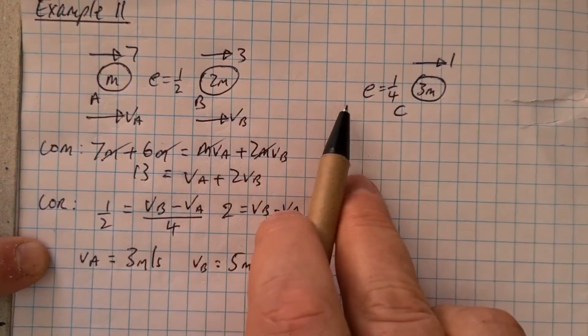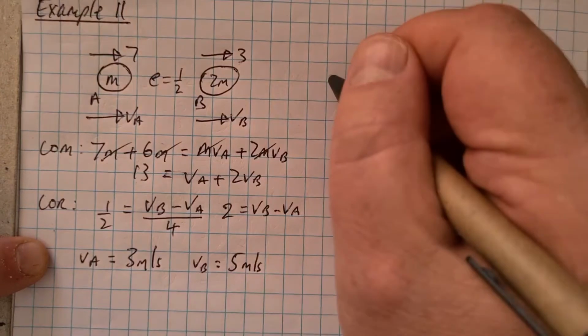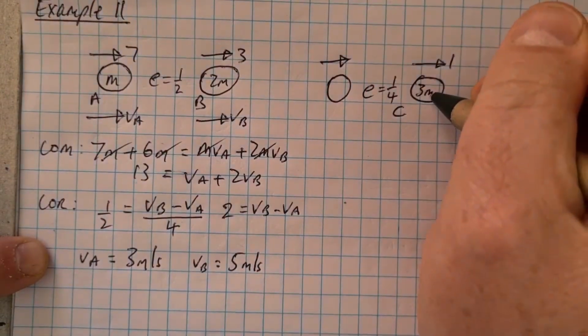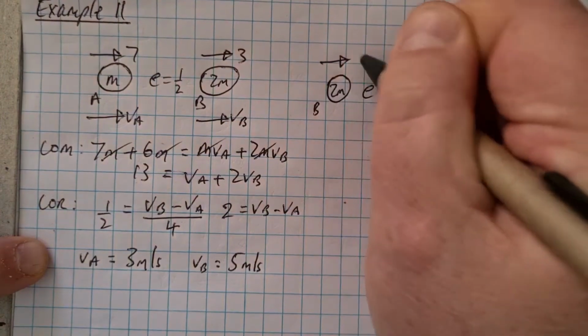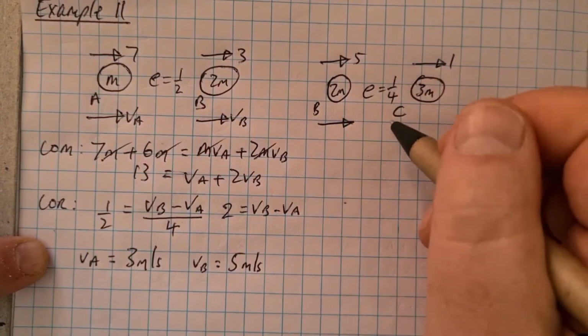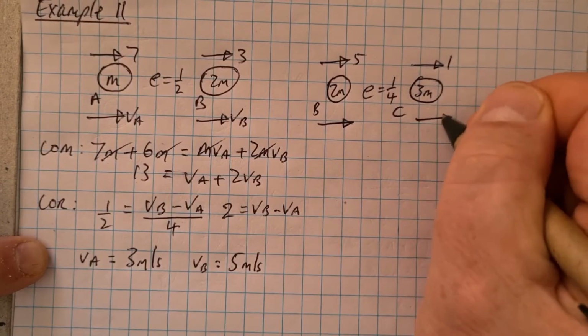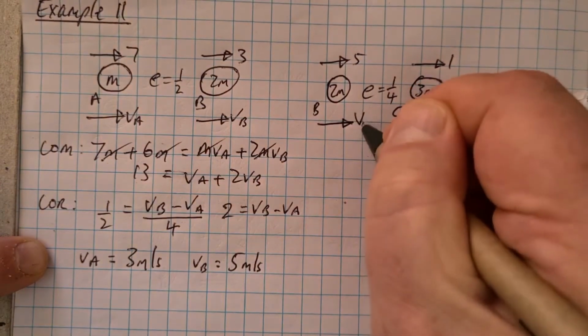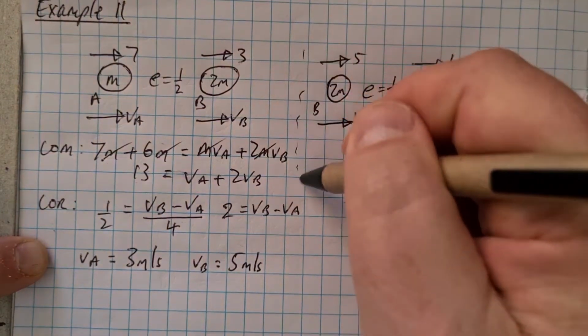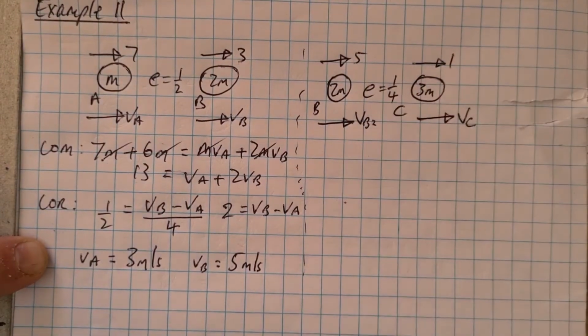So B is going to continue on. So our initial speed before the collision with C is going to be 5, and we need to find out the velocities afterwards. So again, we can have VB2 for example and VC, just to show that will be different from the first.